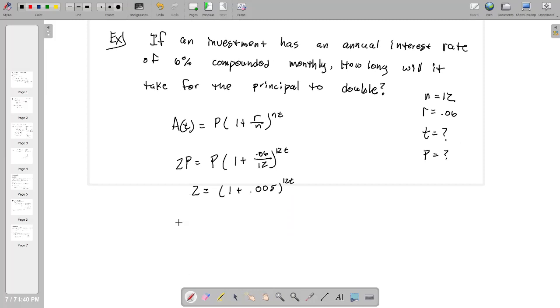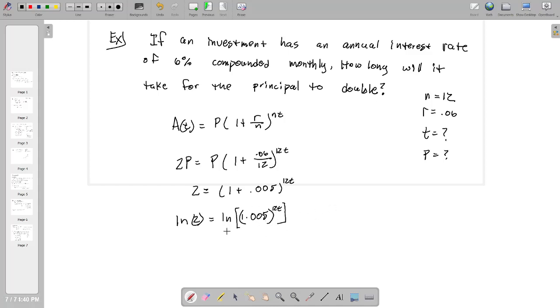So we take the log of both sides. I'm going to take the ln of both sides. Now we have 1.005 to the 12t as an input for our logarithm, and we have ln of 2 on the other side. If you want to use log base 10 and use your calculator, that would be okay as well. But I like to use ln. It's just something that I'm used to.